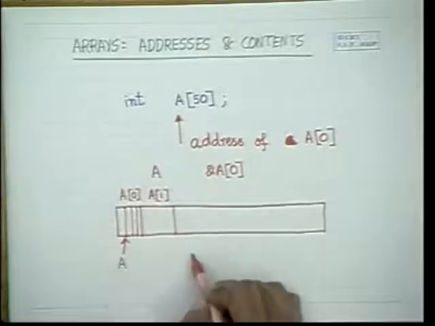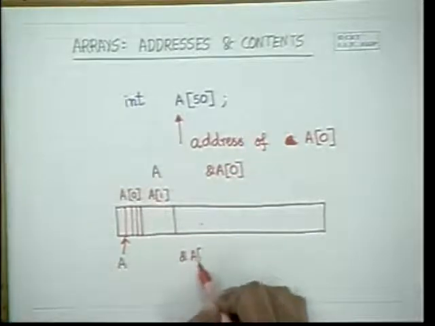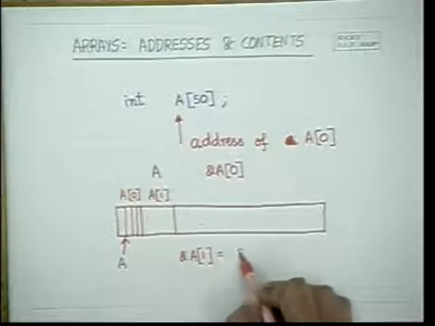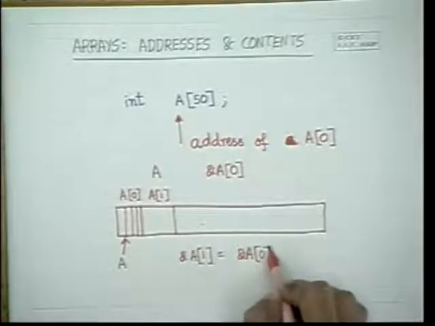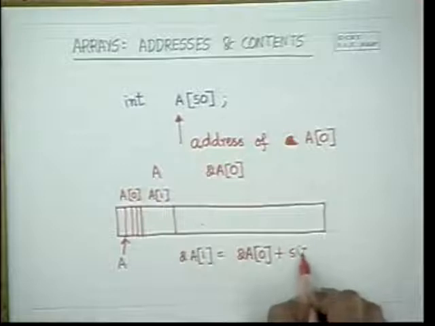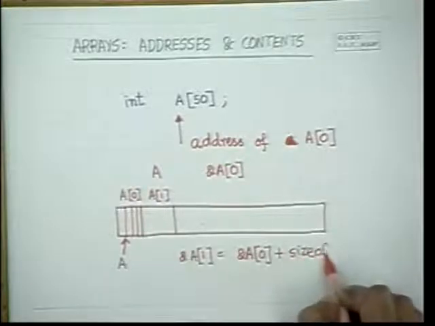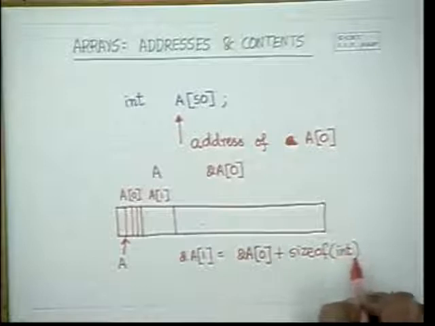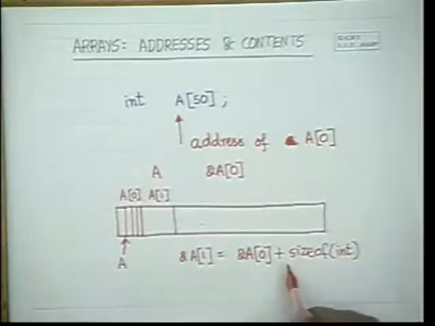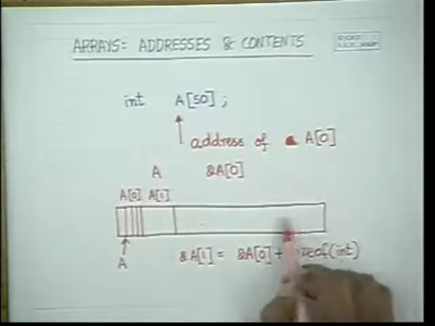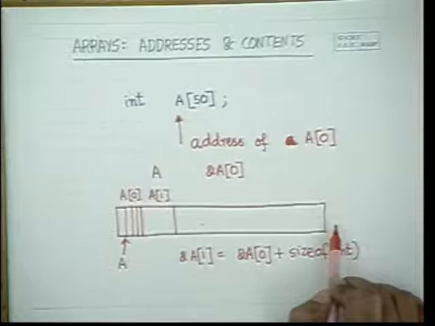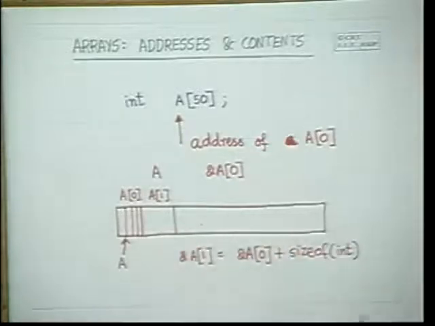So the address of A[1] will be the address of A[0] plus the size of an integer. There is a sizeof function which you can have a look at and find out sizes of various pre-declared types. So this is plus 1 and so on. So a one-dimensional array is stored in contiguous locations like this.